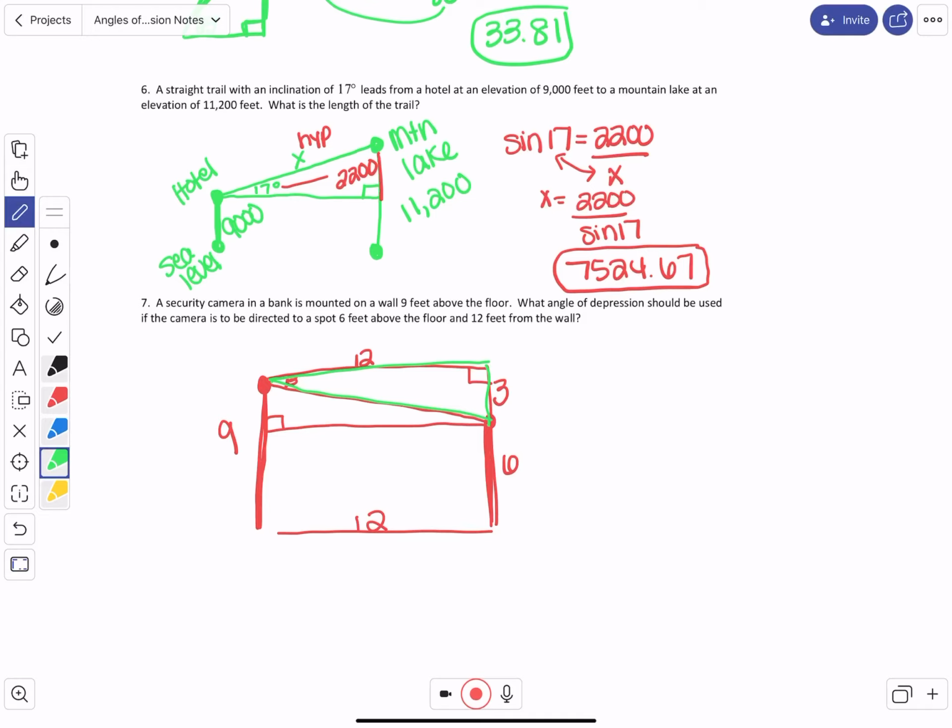So 3 is opposite, and I don't know the hypotenuse. Therefore, I have to use tangent. Tangent of beta, that's what we're trying to figure out. Opposite is 3, 12 is adjacent. Remember, since you're looking for the angle, you have to use inverse tangent.